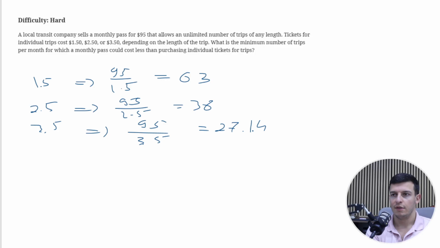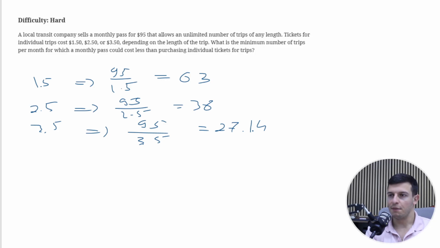Let's say you bought the most expensive, the 3.5, you can afford, I don't know, 27 of them. And it says, what's the minimum number of trips per month for which a monthly pass could cost less than purchasing individual tickets? So we have 3 numbers here, 63, 38, and 27 point something. Okay, and we're looking for the minimum number of trips per month for which the monthly pass would make more sense.